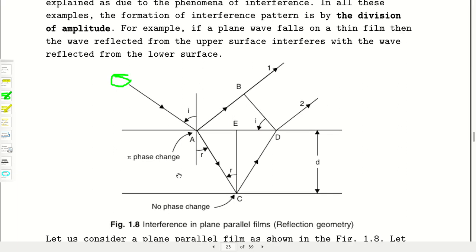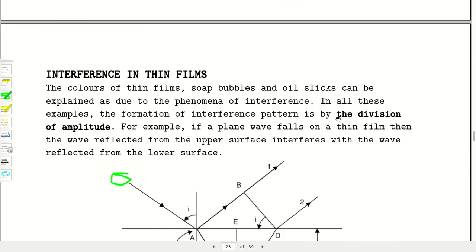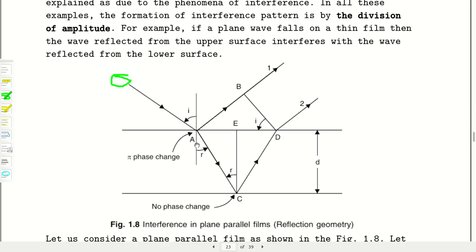Now let us calculate the condition for maxima and minima, because lights 1 and 2 are coherent, as they are coming from the same source, but their amplitudes are different. The amplitude of 1 is higher than the amplitude of 2, due to the successive reflection.